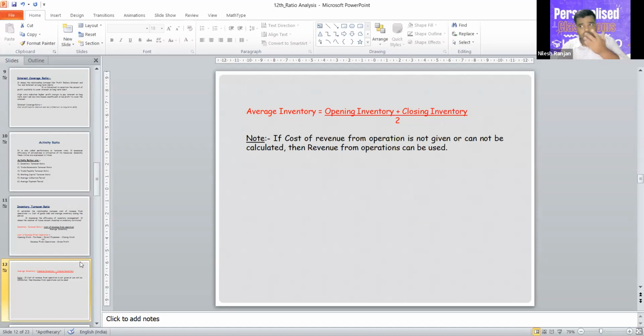But in some questions, you will not be given cost of goods sold, but the information is given in a manner that you can calculate, then you don't have to use revenue from operation. So only when both situations exist, we will use revenue from operation: first, cost of goods sold is not given, and it cannot be calculated. Is that clear? Yes, sir. Okay. So let's see a question related to this.